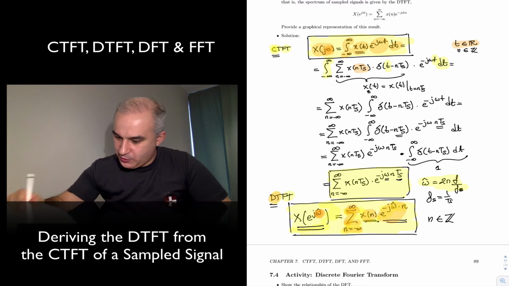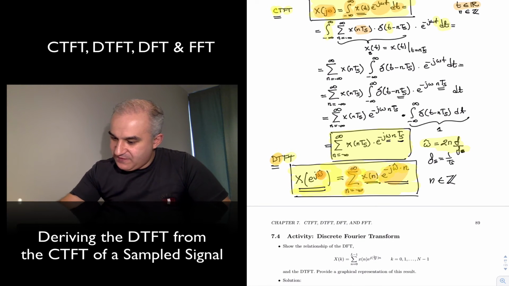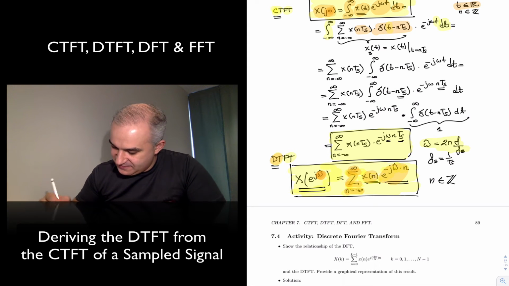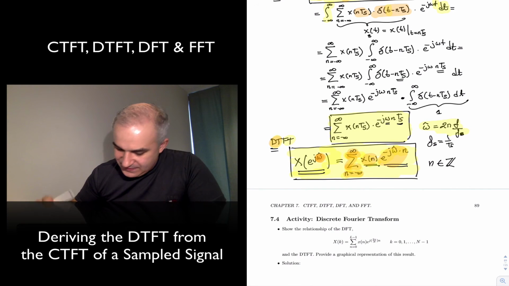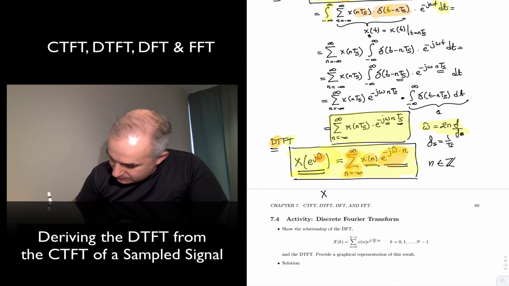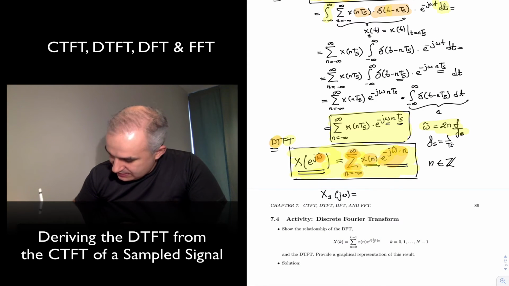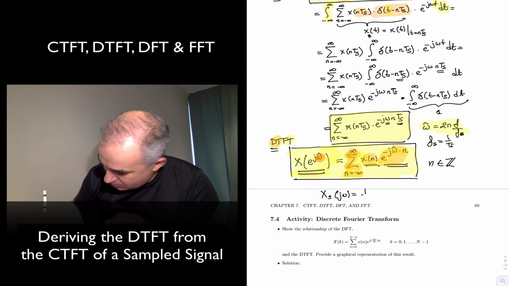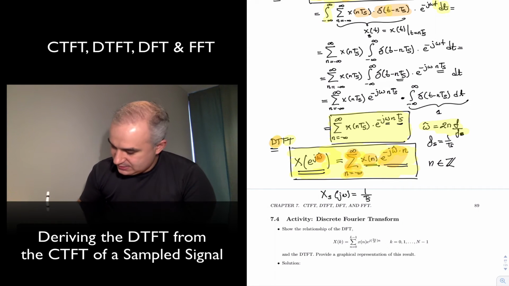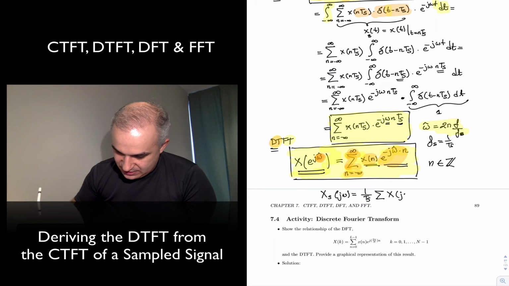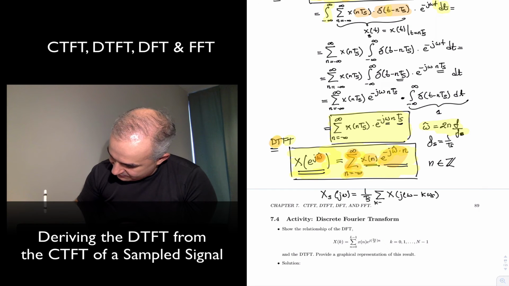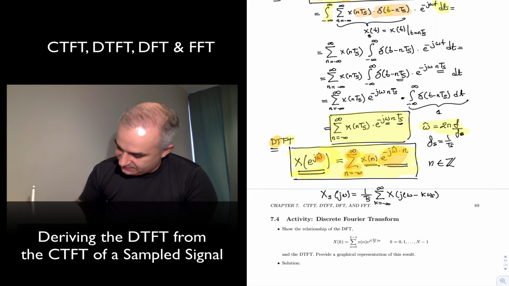A couple of other things that are important is that if we find the Fourier transform of the impulse train, you are also able to derive that there is a relationship, meaning the spectrum of the sample signal equals 1 over Ts, the sum of the original spectrum that you have, j omega minus k omega s, for k from minus infinity to infinity.